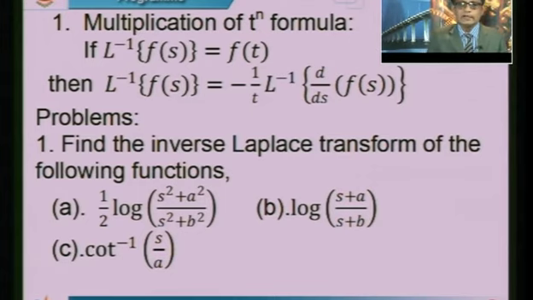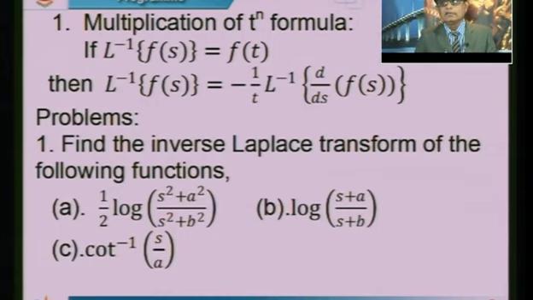If you see the third example, it is cot inverse, that is an inverse trigonometric function. Either it should be tan inverse or cot inverse, then you can use this formula, the multiplication of t raised to n formula by taking n equal to 1.